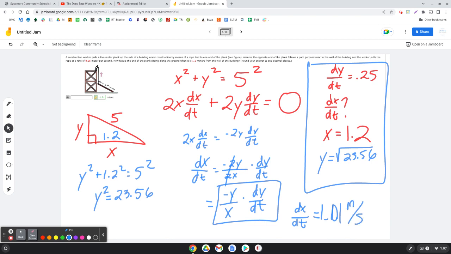So what that means is, because that thing's changing speeds the whole time, once it gets to about right here, it's traveling 1.01 meters per second.